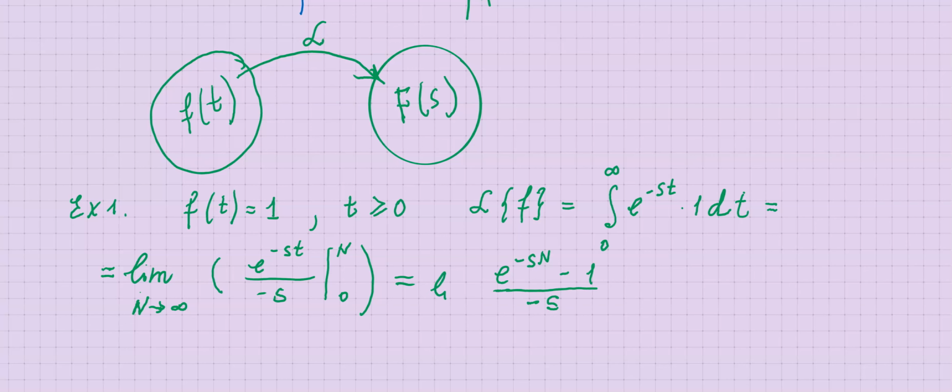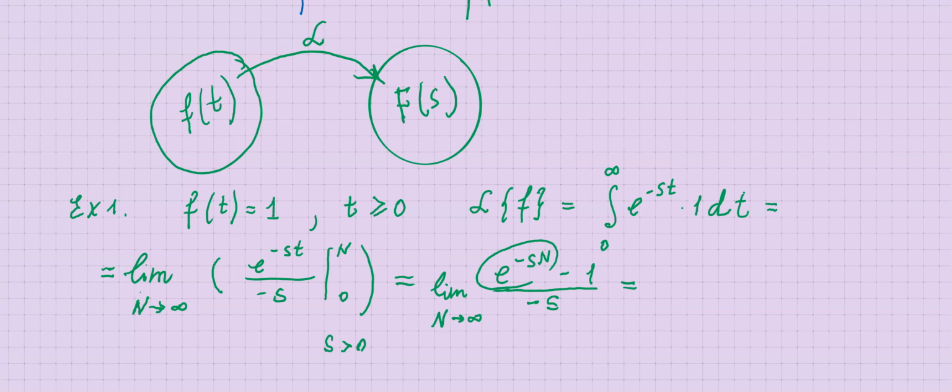And I will need to calculate a limit when big N goes to infinity. So what is going to happen to e to the power of negative sN? For s greater than 0, for positive s, the exponent will go to negative infinity, right? So I'm going to write down: if s is greater than 0, the total exponent is negative, and it will go to 0.